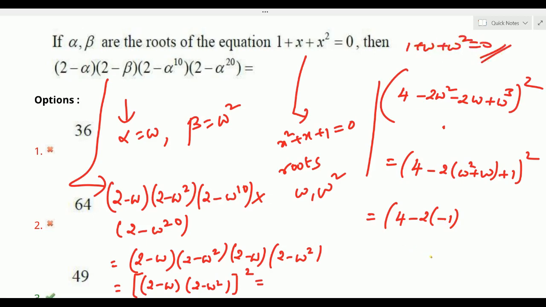Okay, now? So omega square plus omega is minus 1, with plus 1, whole square. So this is 4 plus 2 plus 1, 3 whole square. 4 plus 3 is 7, 7 square is 49. The resultant is 49, given clearly as the third option, right?